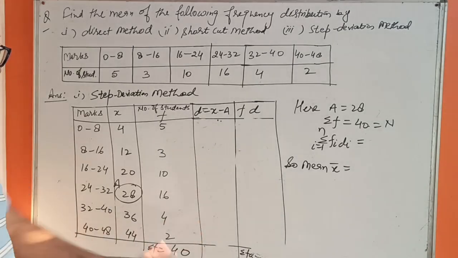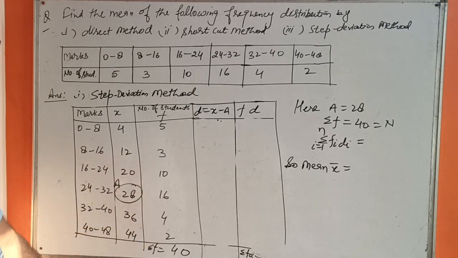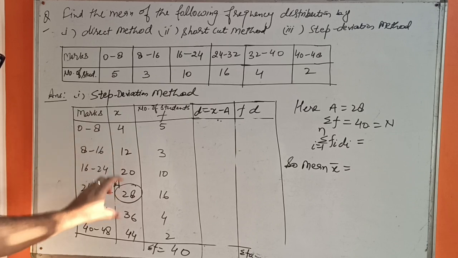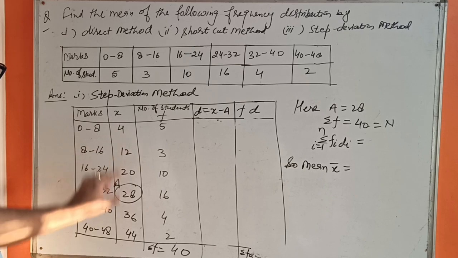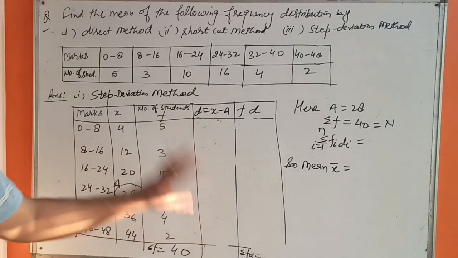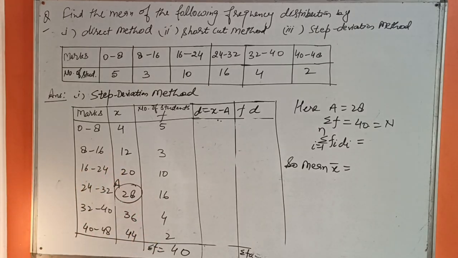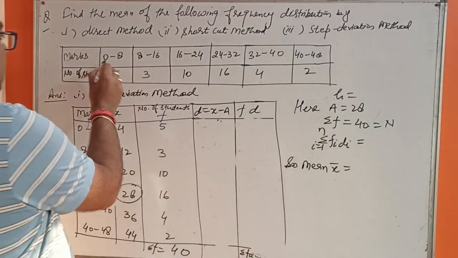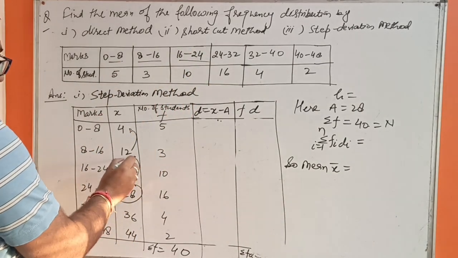Now in this method, this data is already given because we require this much data. In this particular step deviation method, since this x is very high, when we divide this x by A, the data present is very high. So we can change the data into a smaller form by getting h. What is h? H is the difference between these two terms.